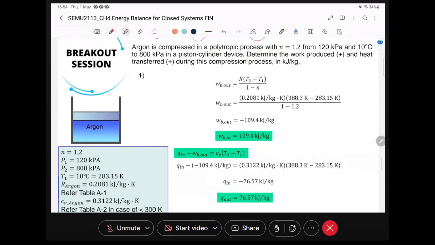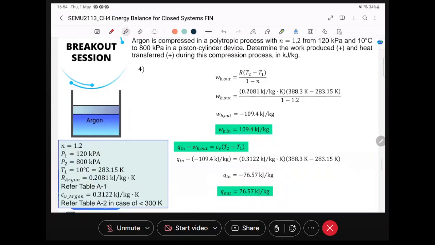So the next one is to calculate how much is the work out.